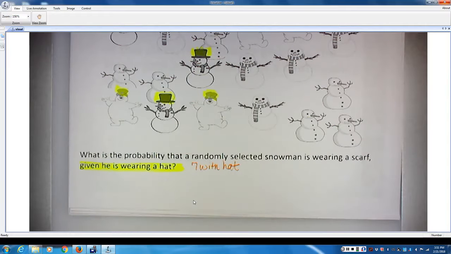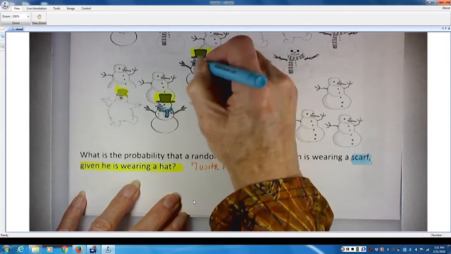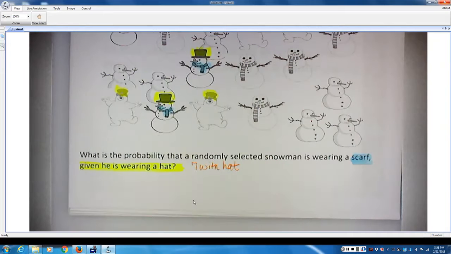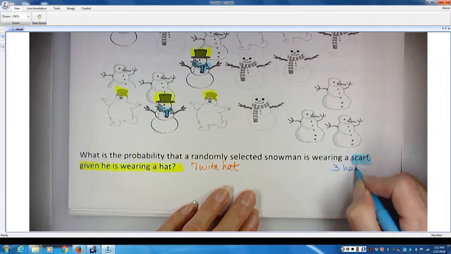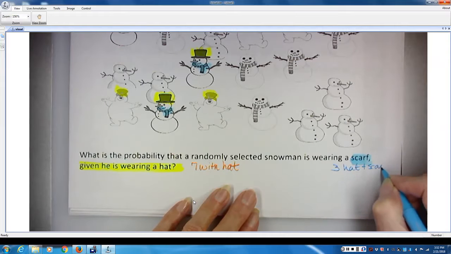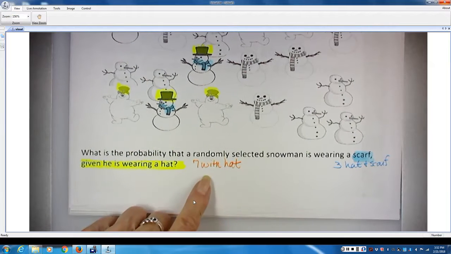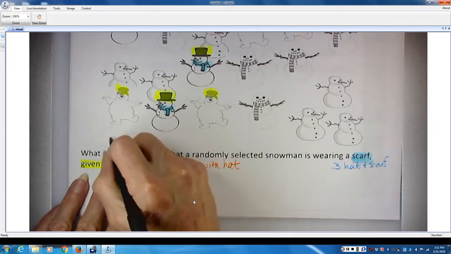And of those 7 with hats, that same 3 also were wearing a scarf. So we're still talking about that same 3 snowmen that were wearing a hat and a scarf, but we're only talking about the ones that were wearing hats to begin with.